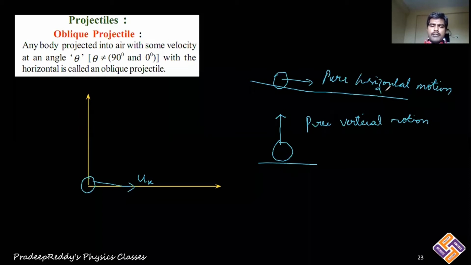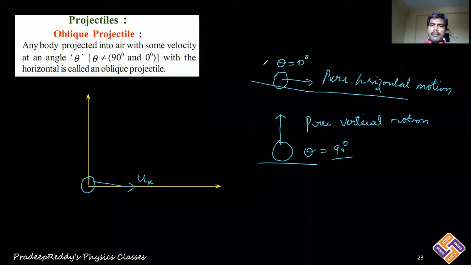In case of pure horizontal motion, the velocity vector is making an angle 0 degrees with respect to x-axis, whereas in case of pure vertical motion, the angle made by the velocity vector is 90 degrees.